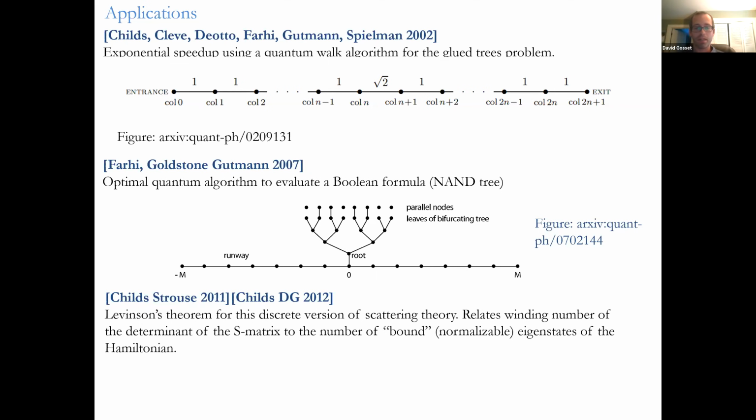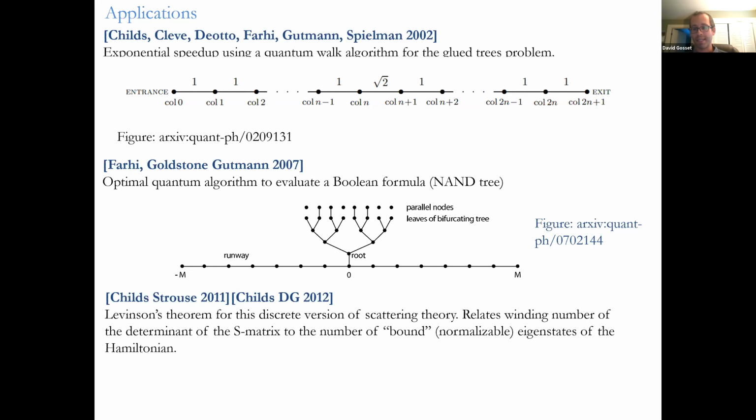In this setting, it considers the determinant of the S matrix. The S matrix is unitary, so its determinant is a complex number of unit magnitude. You can consider how many times that complex number winds around the unit circle in the complex plane as the momentum k ranges from -π to π. That is the winding number of the determinant of the S matrix.